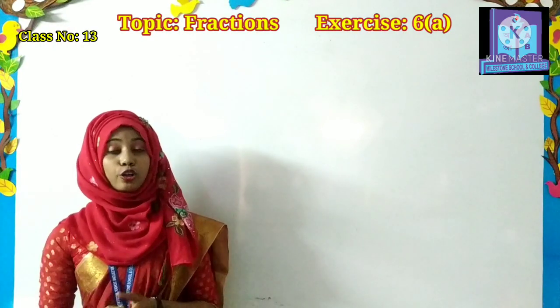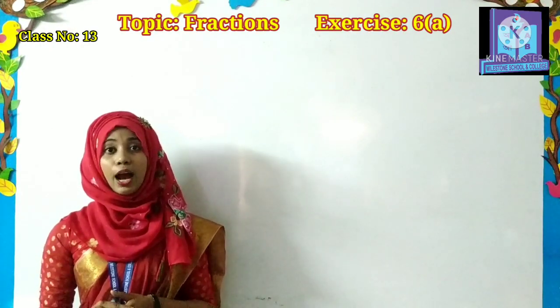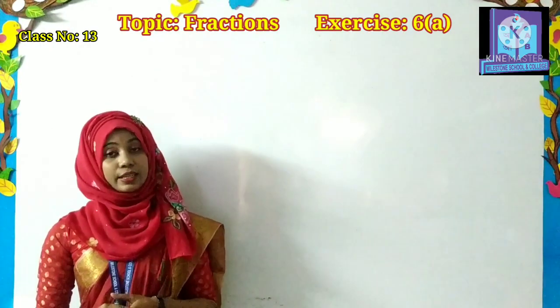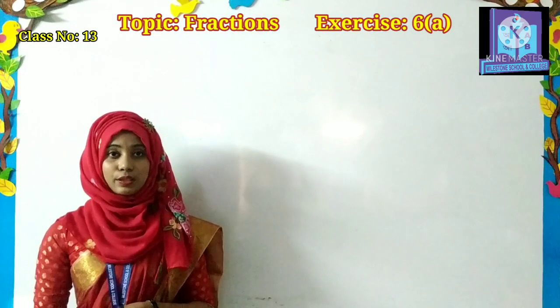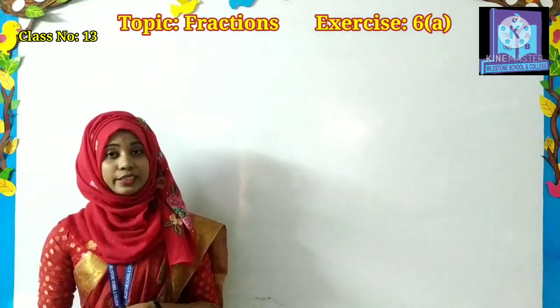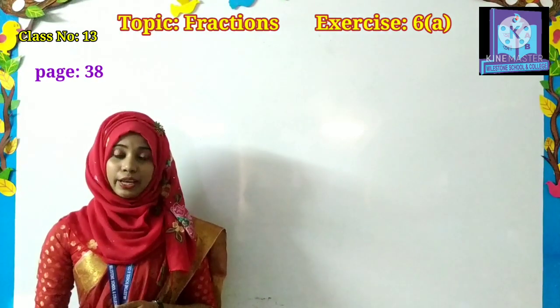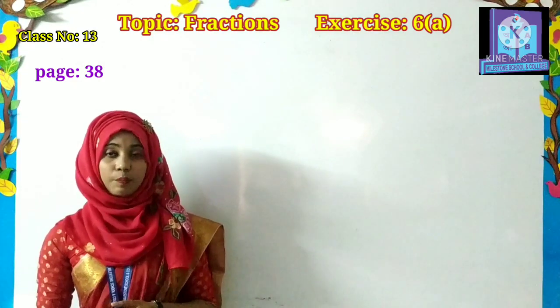If you don't have the same or common denominator, then how do we convert to the common denominators? Don't worry, I will teach you that process. Now, my dear, go to the page number 38. We will solve question number 1.